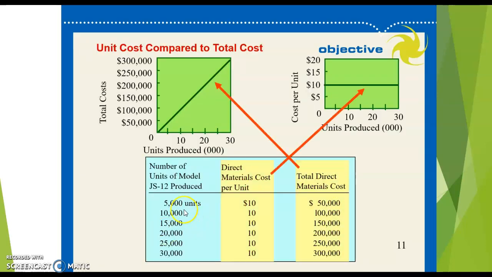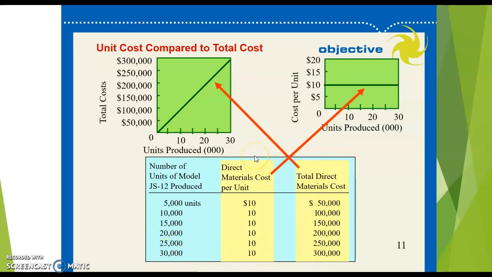Okay, so here is a table, 5,000 units, 10,000, all the way up to 30,000 units. So our relevant range is up to 30,000 units. Okay, and then it costs us $10 a piece for each set of parts, and the number of units times the $10 is the total amount we have to pay for those parts. Okay, so all the way down.